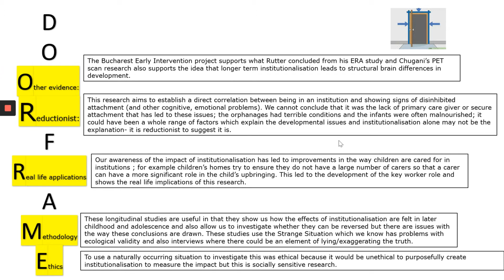So we now, for example, with children's homes, reduce the number of different carers working with them. And we had the creation of what's called a key worker role, so that a child in a children's home will have one person, ideally, though it often doesn't work like that, who is their main point of contact.